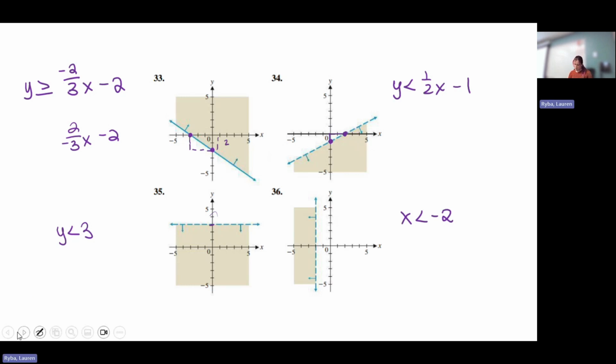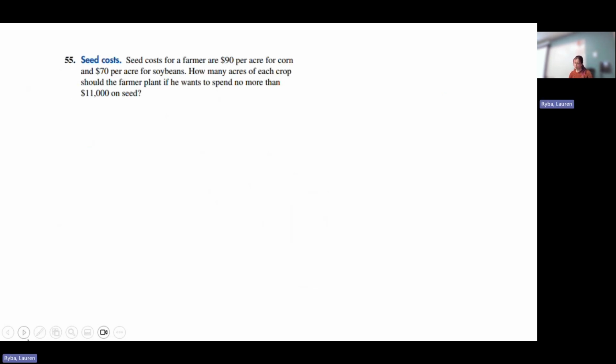All right. So now we're going to look at some word problems, which is going to add 2 additional constraints to what we're working with. It says, seed costs for a farmer are $90 per acre for corn and $70 per acre of soybean. How many acres of each crop should the farmer plant if he wants to spend no more than $11,000 on seed?